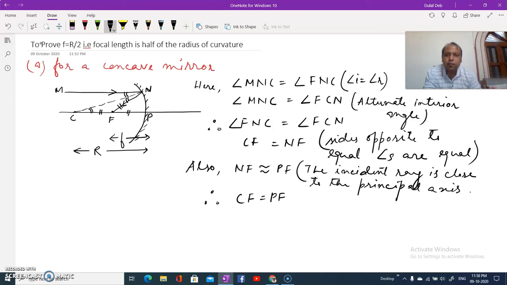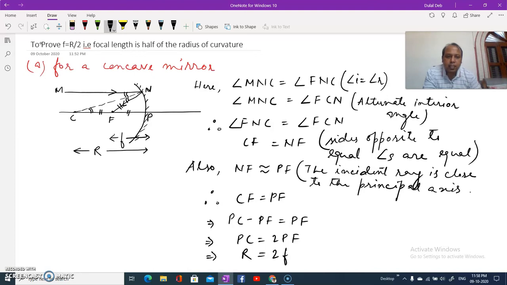Now CF is equal to PF. If we write CF as PC minus PF, which is equal to PF, the equation finally can be written as PC is equal to 2PF, where PC is the radius of curvature given by R and PF is the focal length.